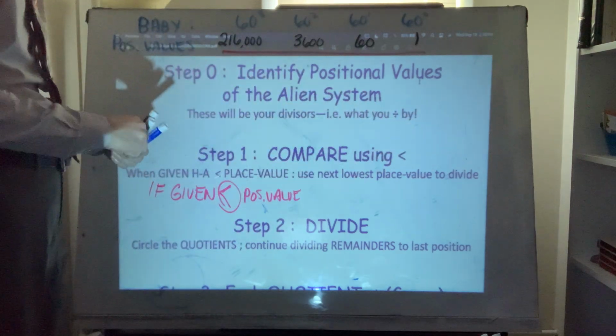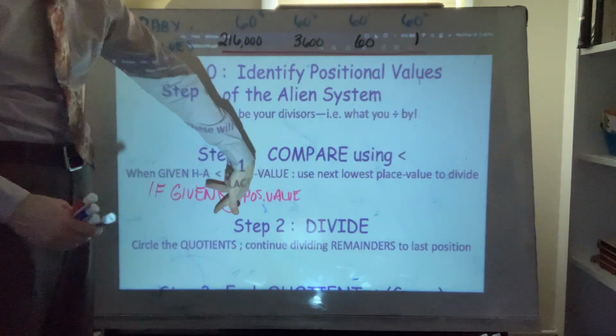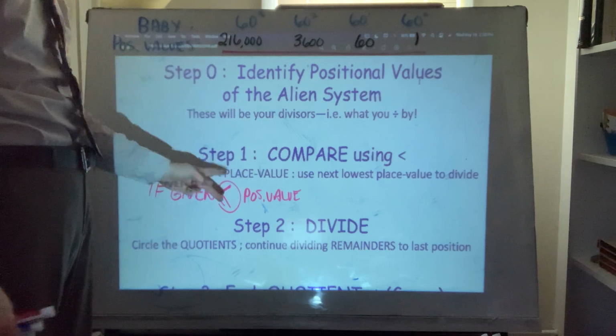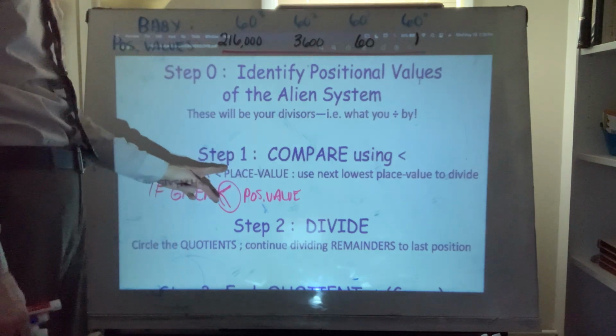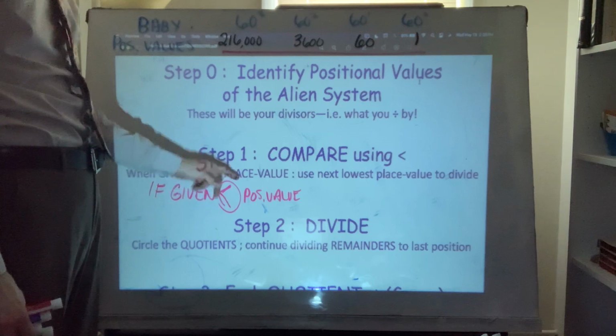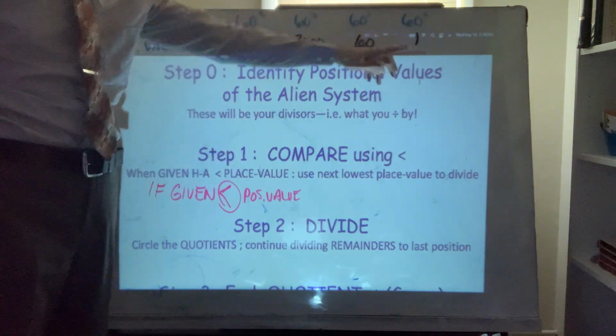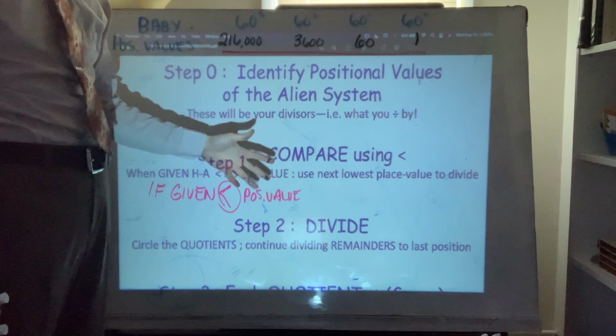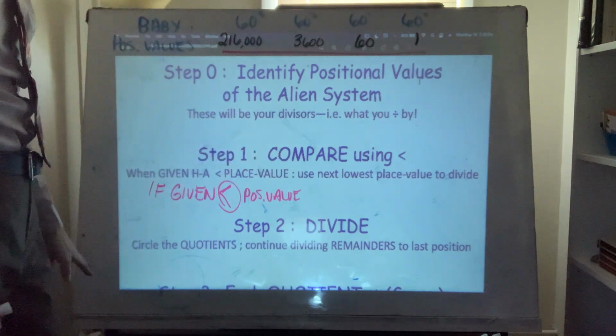You're really looking for the point at which this shifts to a greater-than relationship, or equal, you can get away with using equal as well. But if your given value is smaller than the numbers that you're comparing it to, you can't use it to divide. It wouldn't technically fit.